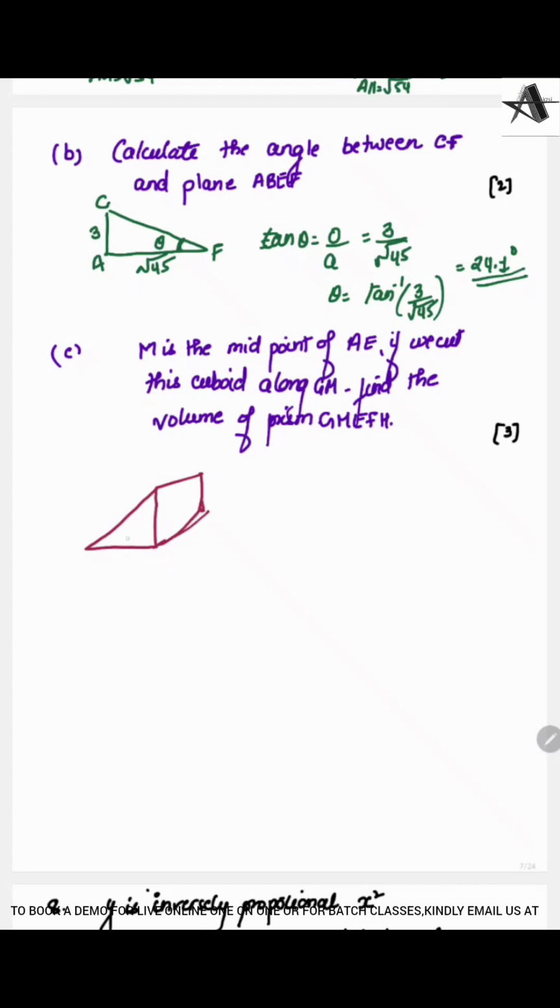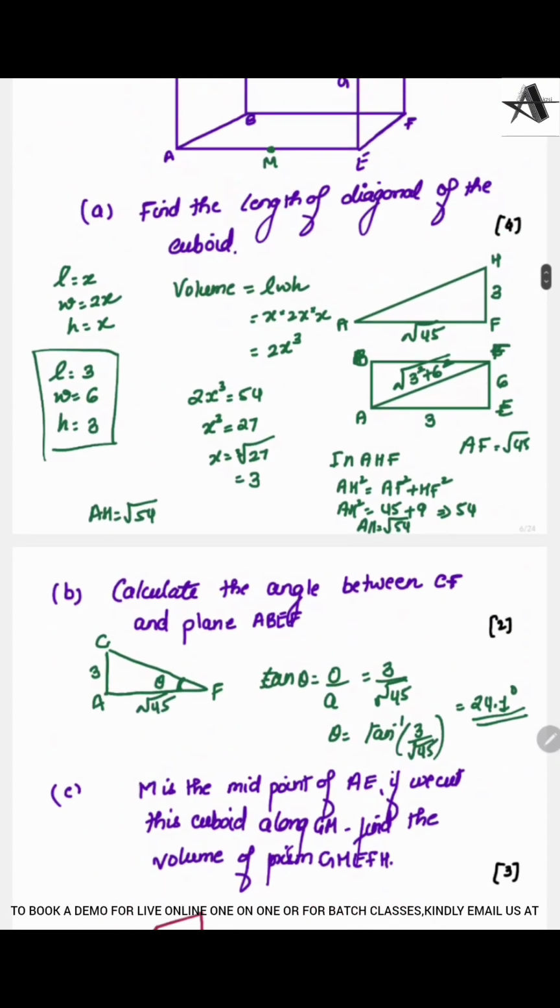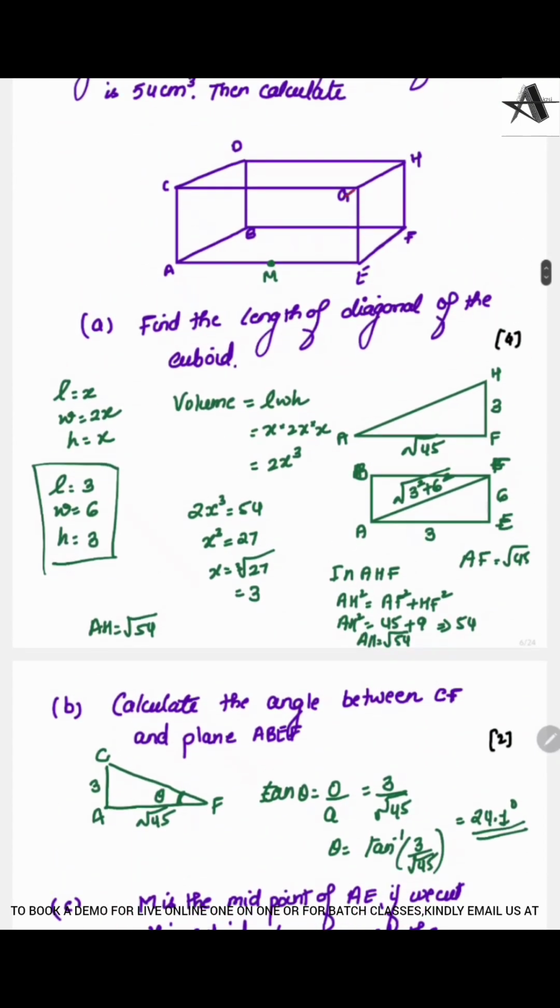So we have to calculate the area of this face. The volume of a prism is the area of the face multiplied by the length. The area of the face is half times base times height. The base would be half of AE. AE is 3, and half of 3 is 1.5.